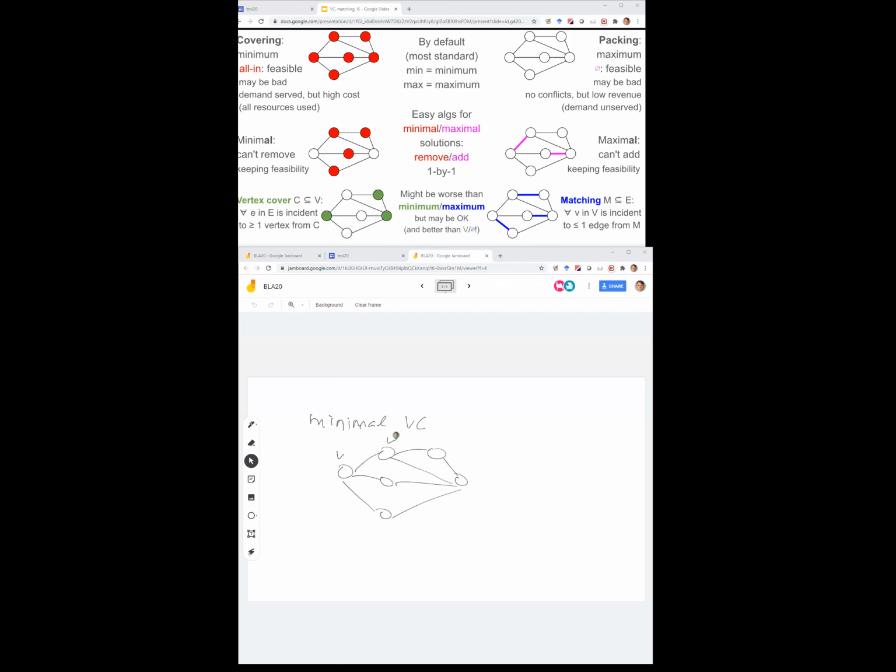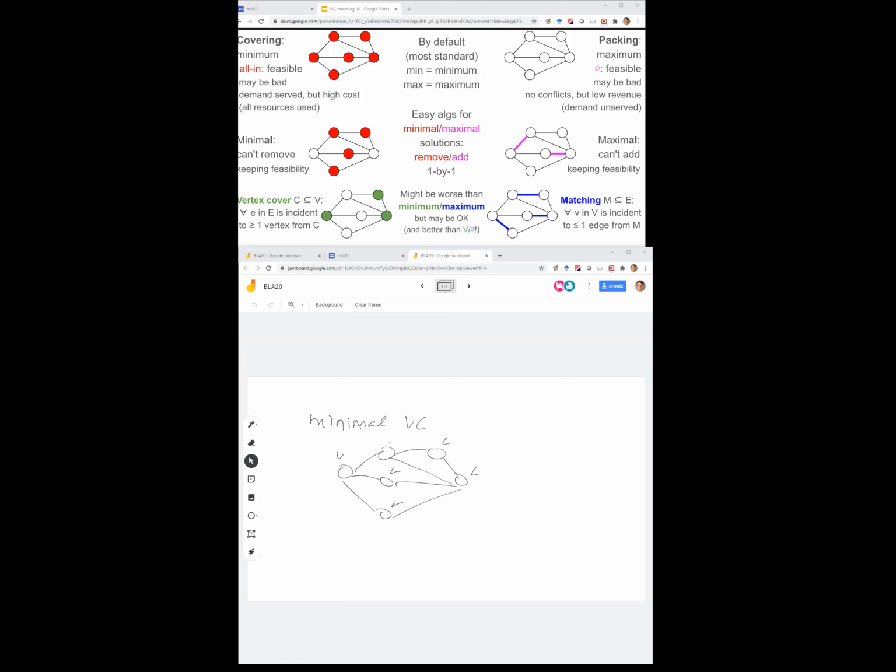So if I take all the vertices in the vertex cover, well, that's a vertex cover. And now I removed this vertex. Do I still have a vertex cover? Or do you see an uncovered edge? Well, most likely I still have a vertex cover. Of course, we can check that still all edges are covered.